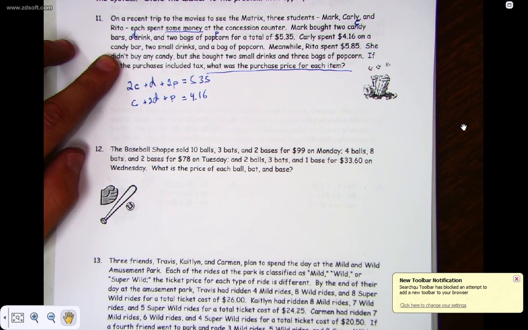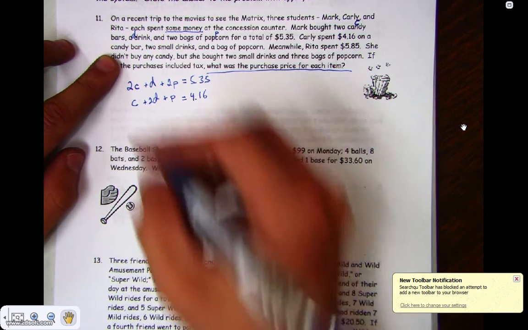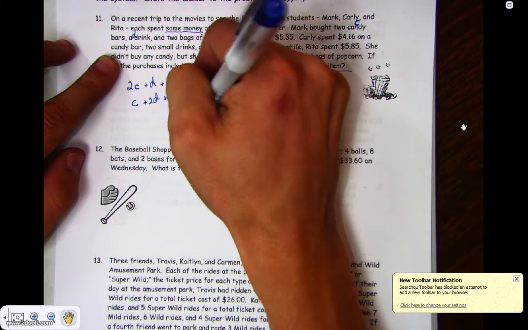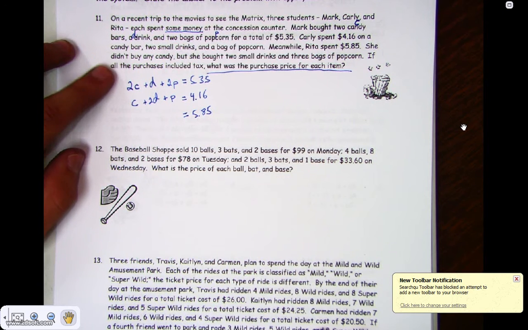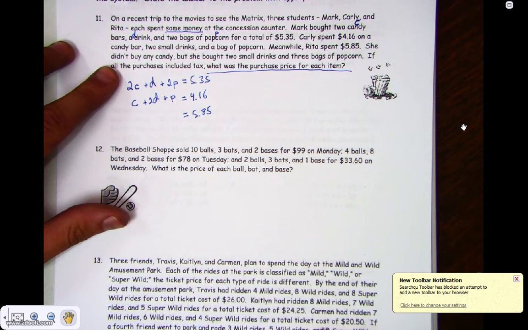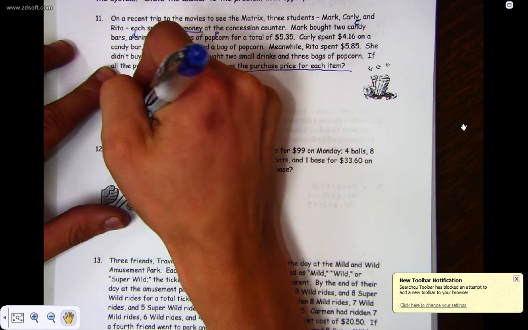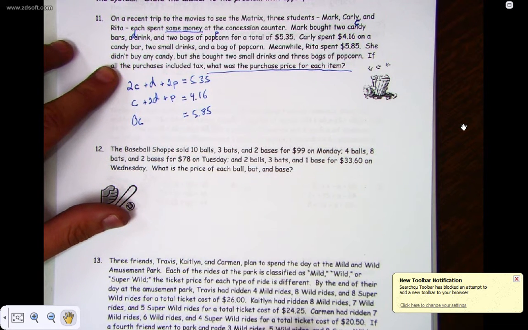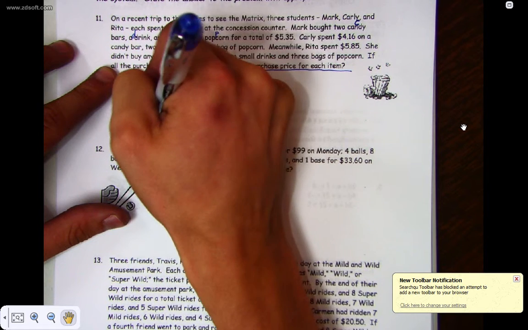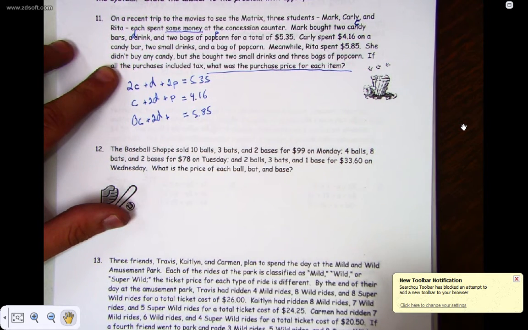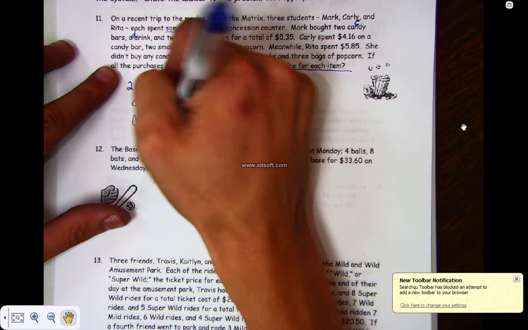Meanwhile, Rita spent $5.85. So again, kind of writing this one backwards. Well, what'd she spend it on? She didn't buy any candy bars, so we have no C's. But she bought 2 small drinks, so 2 D's, plus 3 bags of popcorn, so 3 P's.